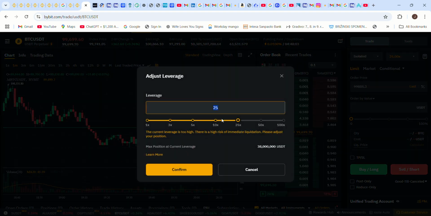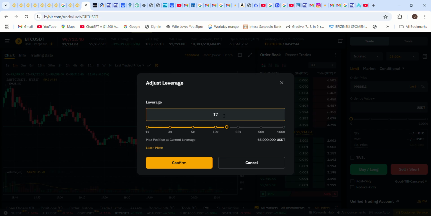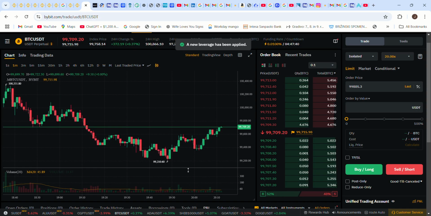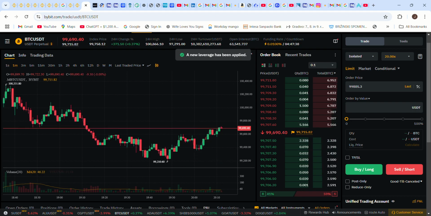The smaller the leverage, the less chance of you getting liquidated. The bigger the leverage, the more chance of you getting liquidated. When you are a better trader, then you can put more leverage. But for starters, I would recommend a maximum leverage of 20, not more.